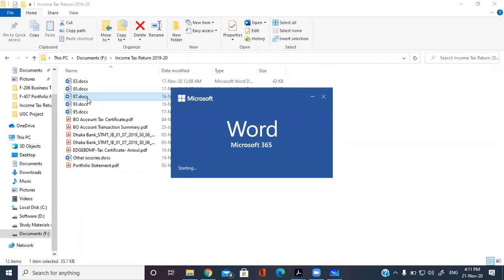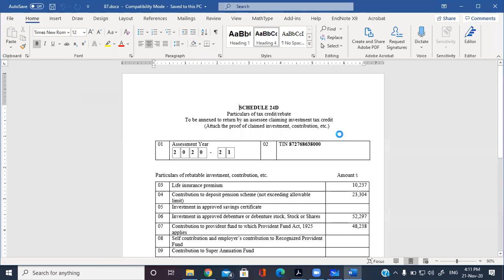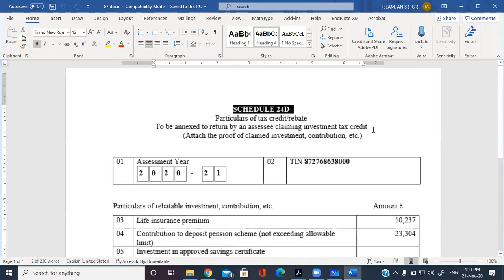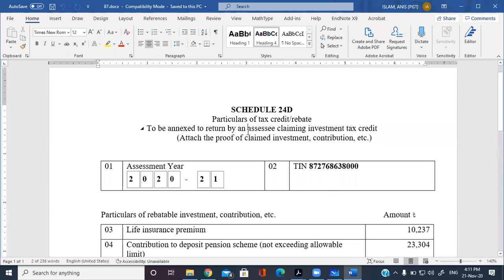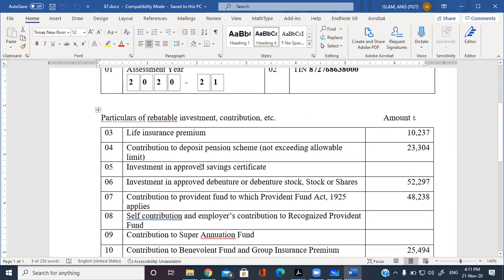You need to download the schedule 24D. Remember, what is the title of the schedule? Schedule 24D. For what purpose? For claiming investment tax credit. Unless you provide this kind of information, and you need to provide the supporting documents for each and every one.